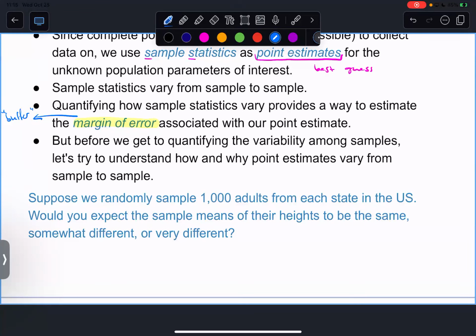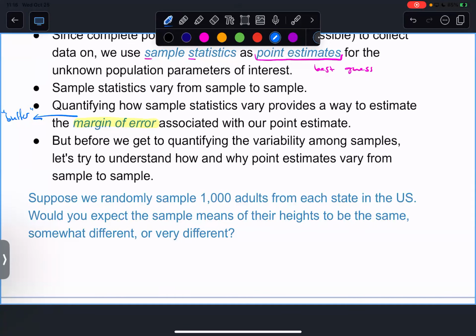I'm feeling pretty confident in my point estimate, so I built this buffer around it, and we all understand it's somewhere between 4 and 5 kilometers to her house. There is a true distance, which is the population parameter we're trying to guess, but we don't know what it is, and we don't need to know. We always start with my best guess, and then we build a buffer around it. We go down a little, up a little, and then we're happy. It's that down a little, up a little that we need the math for.